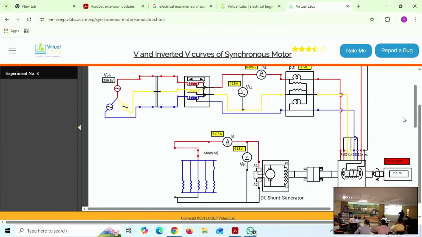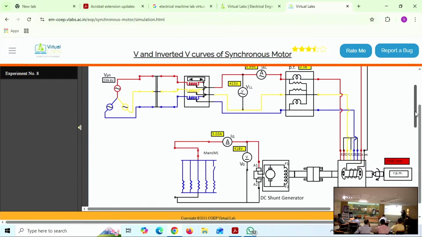So it will give us the range of field currents where the armature current operates limited. In that V curve, the minimum point is IA, and above and below that point we have increased currents. So we cannot operate the synchronous motor beyond the limit; it can be rated or more than rated values.